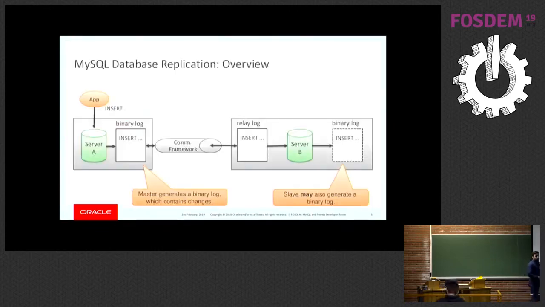So, MySQL replication. This is a very common slide that I usually pull up on our sessions. Replication is very simple: master, slave, and then there's the log that is shipped around. This log records the changes that happened in the primary or the master, and these changes are then propagated to the slave, and the slave applies them, and if it generates its own change log, its own binary log, then you can build all these different topologies that, for instance, Peter was talking about earlier.